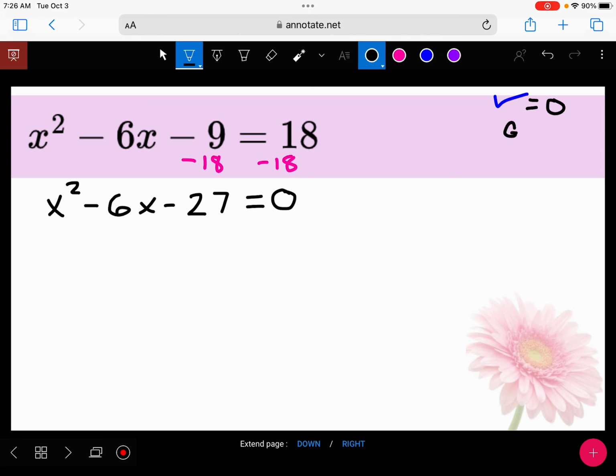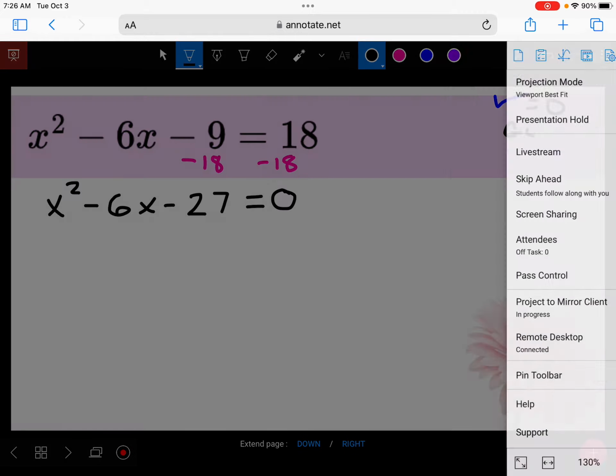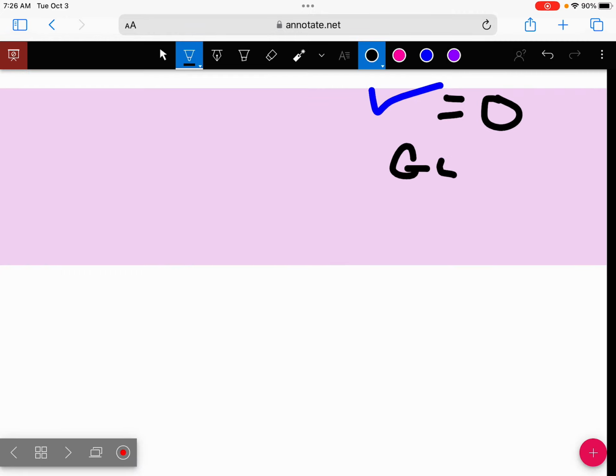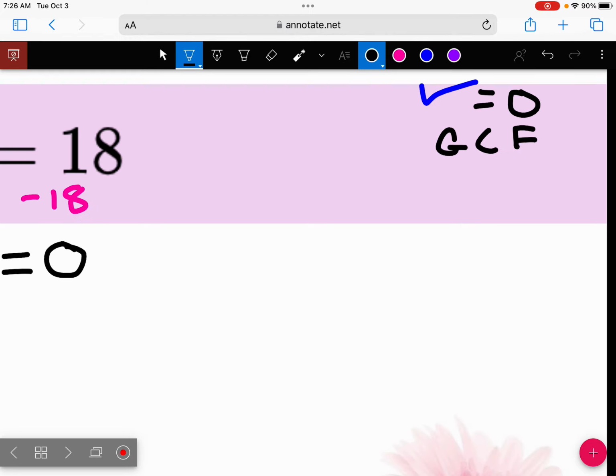Then we're going to check for a GCF. Is there anything that all three pieces share that I can take out?